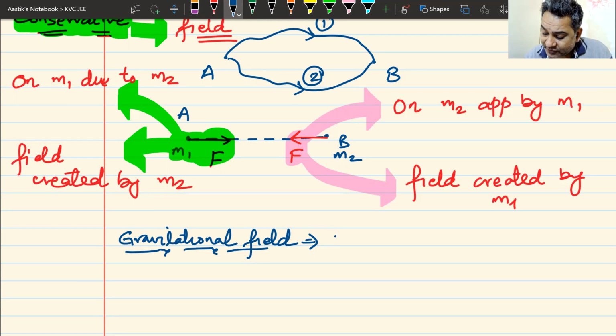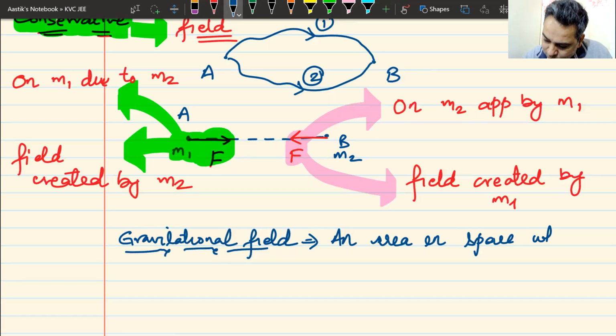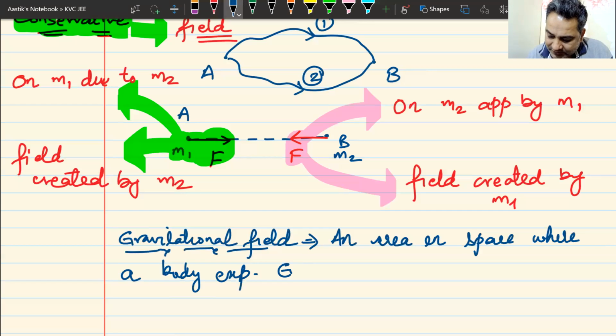Gravitational field is an area in space where a body experiences gravitational force. So whenever something that has mass experiences gravitational force, we have found a gravitational field.